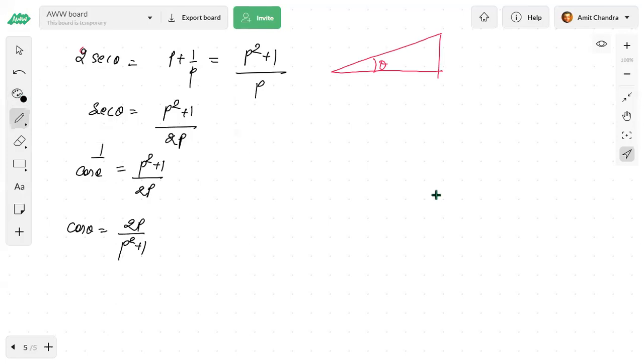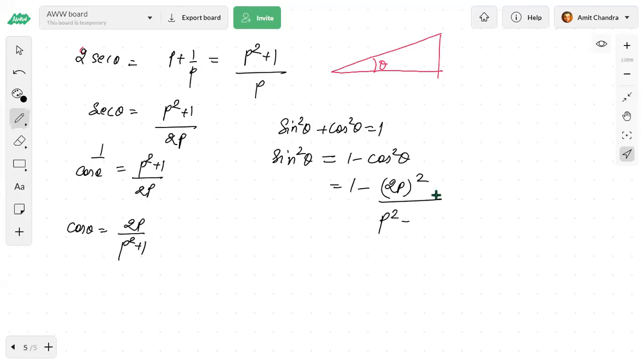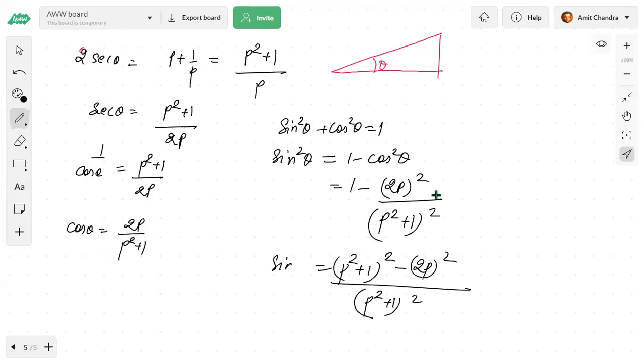So solving using the identity, sin square theta plus cos square theta is equal to 1, so sin square theta is equal to 1 minus cos square theta. So this is 1 minus cos square theta, which is 2p whole square upon p square plus 1 whole square. This is cos square theta, so this will become p square plus 1 whole square minus 2p whole square divided by p square plus 1 whole square is equal to sin square theta.